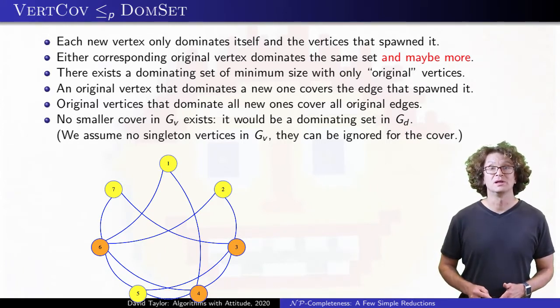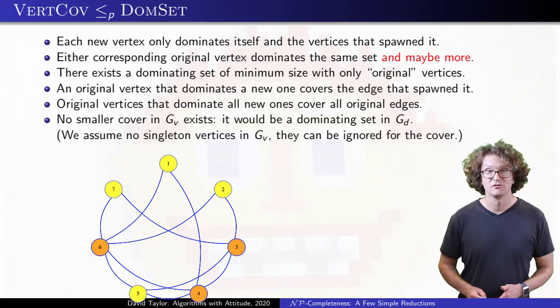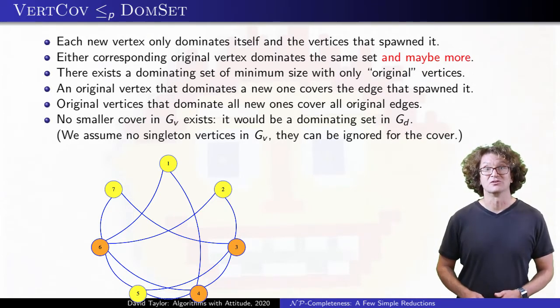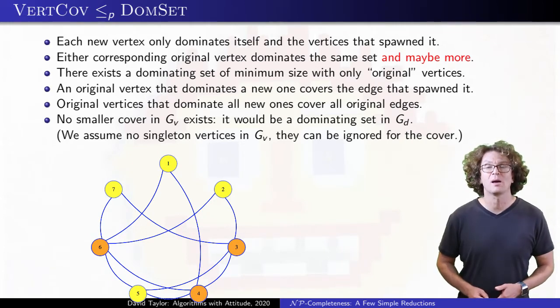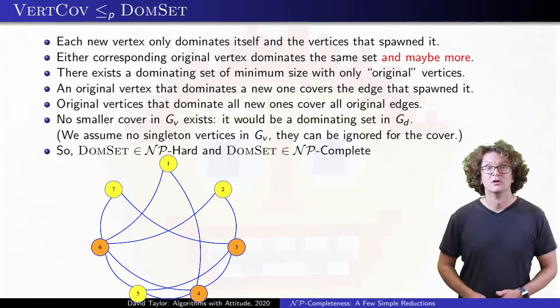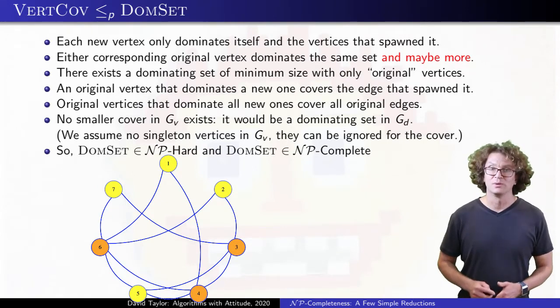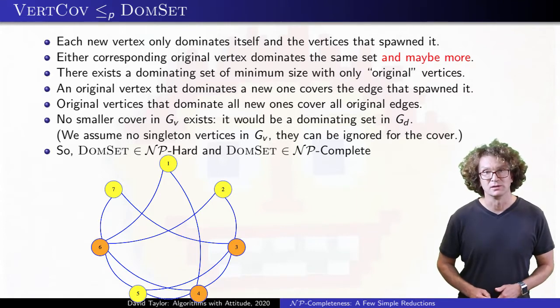Those vertices can be ignored in the vertex cover graph. They don't cover anything, so we shouldn't include them in our dominating set graph. A singleton in the dominating set instance must be in the solution. Nothing else dominates it. Anyway, that gives a reduction from vertex cover to dominating set. So dominating set is NP hard and NP complete.